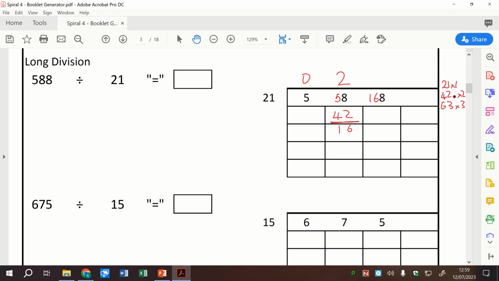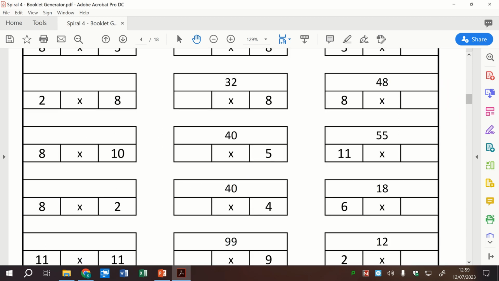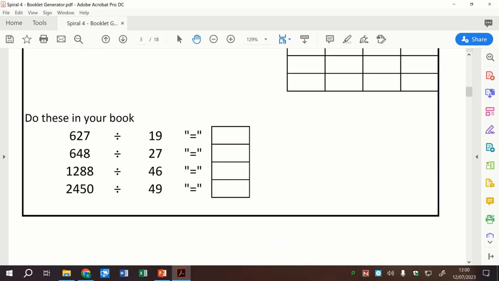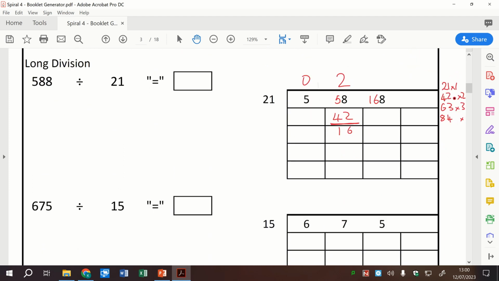Okay, so let's go again. Add 21 to that, so it becomes 83 plus another 1 makes 84, and that's times 4.